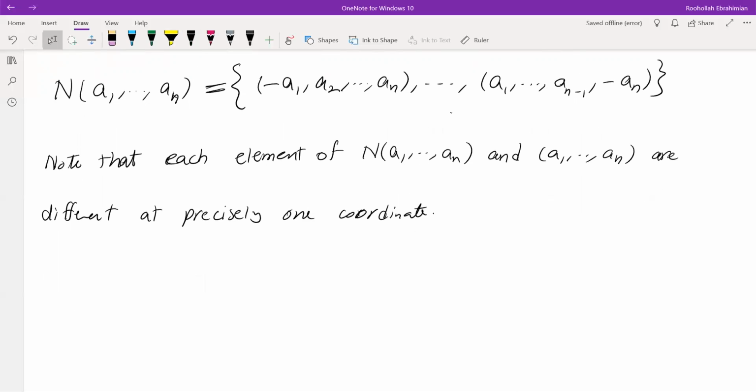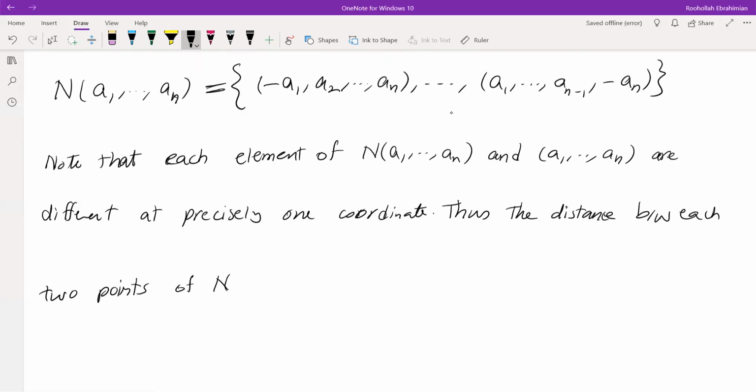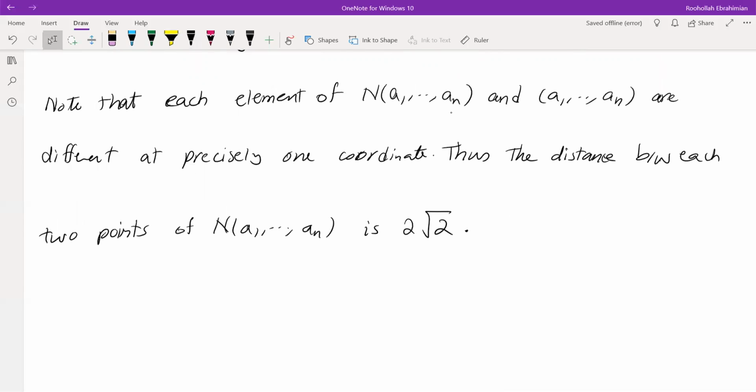So given that, the distance between each 2 points of the neighbors of A1 through AN is 2 square root of 2, because they only differ at 2 points, and the difference would be 2 at those points, and then you square those, and that gives you 2 root 2.